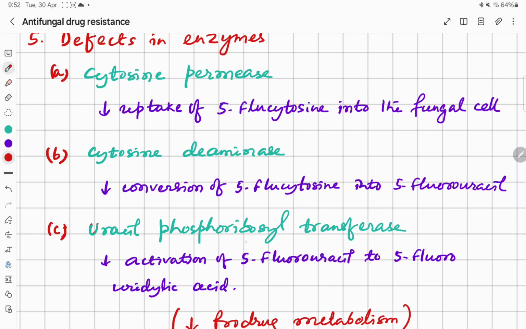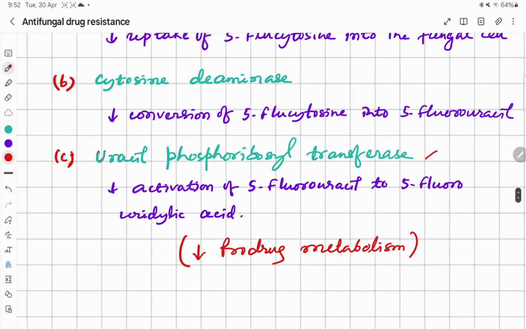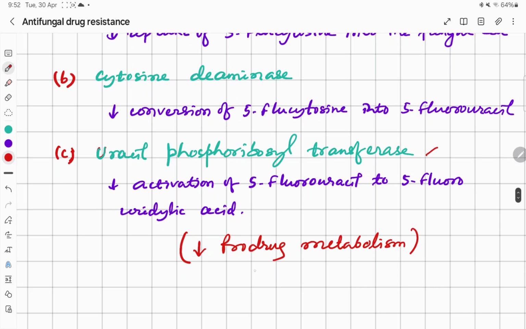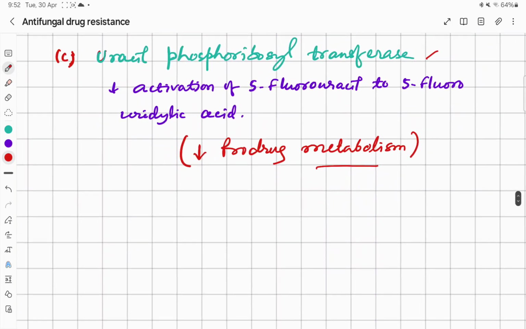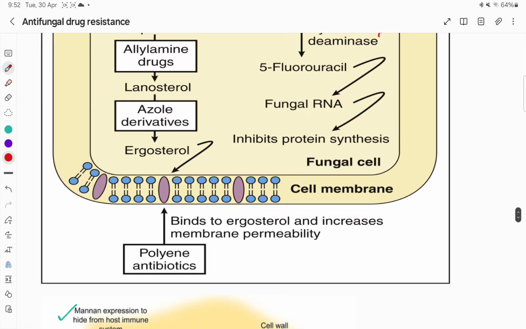And defects in uracil phosphoribosyl transferase, which converts 5-fluorouracil to 5-fluorouridylic acid, the active form of 5-fluorouracil, so that activation is decreased because of defect in this enzyme. So we can say the defects in enzymes decrease the prodrug metabolism, so activation is inhibited, and that also causes the resistance.